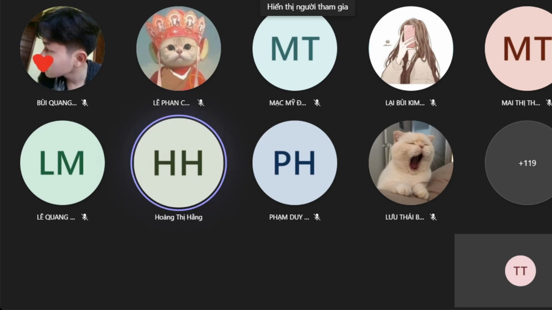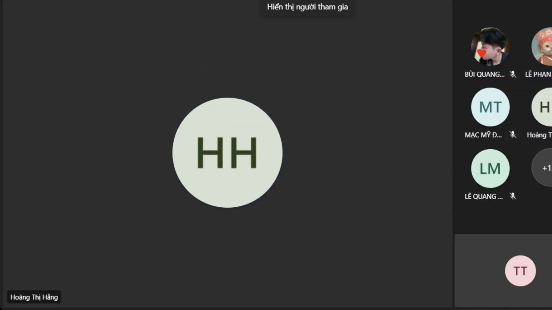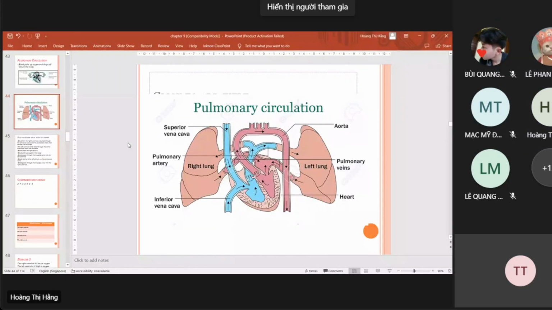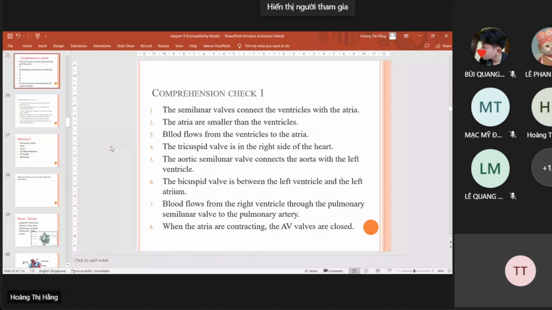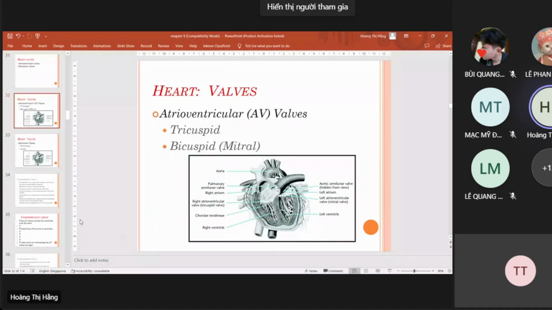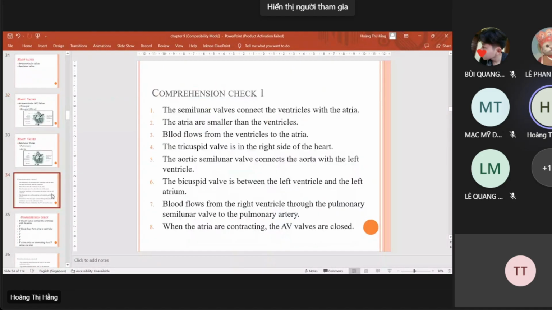All right. Now let's correct the exercise that I asked you to complete at home last week. Here we are. This one, comprehension check. This exercise is done, right?